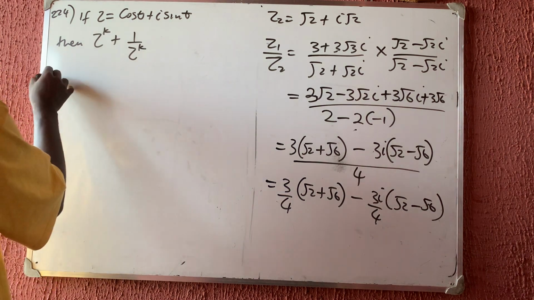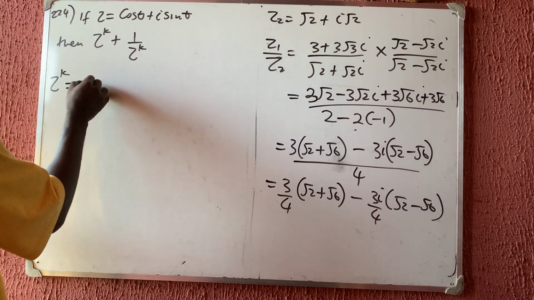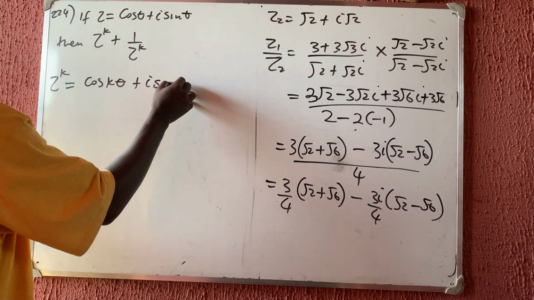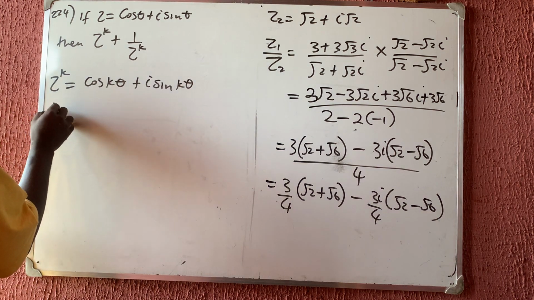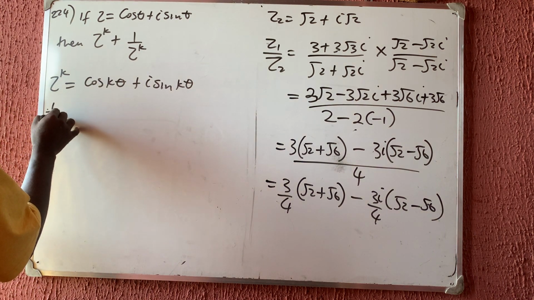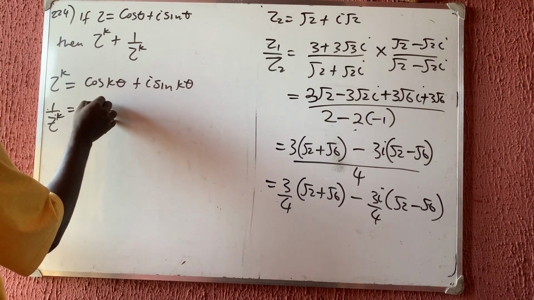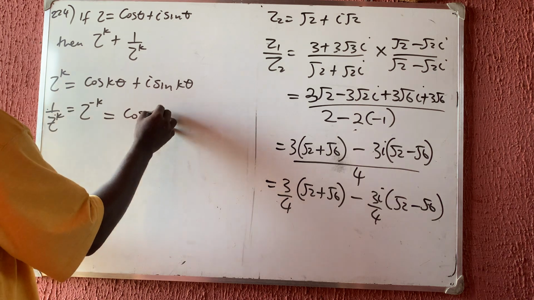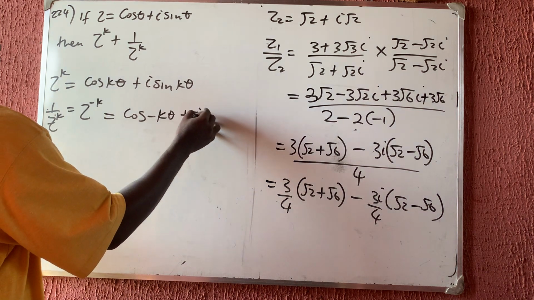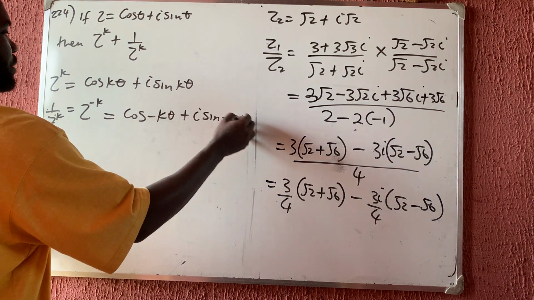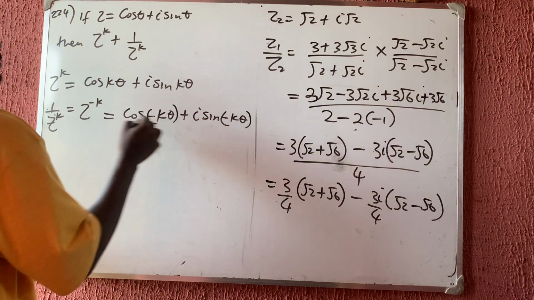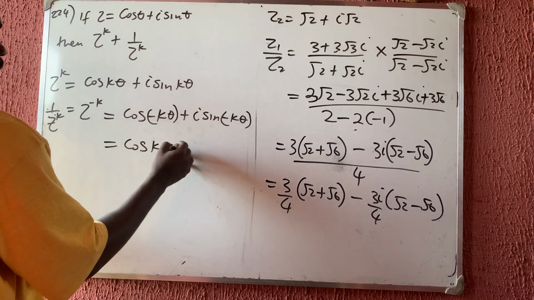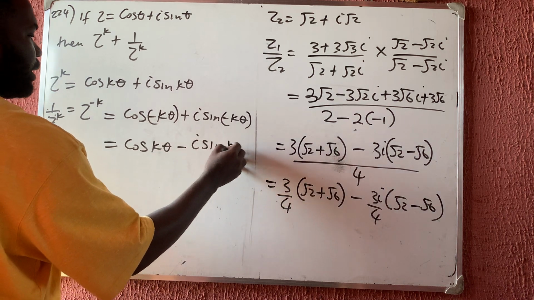First of all, z raised to power k is equal to cos k theta plus i sin k theta. So 1 over z raised to power k means z raised to power minus k, which is equal to cos minus k theta plus i sin minus k theta. Cos is an even function and sin is odd, so this is cos k theta minus i sin k theta.